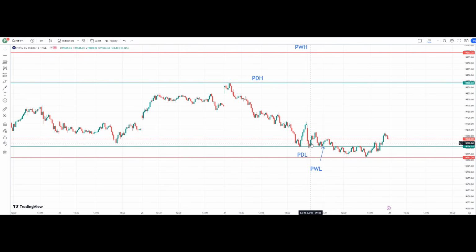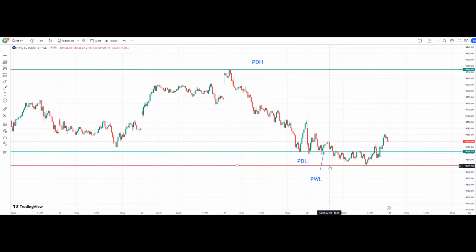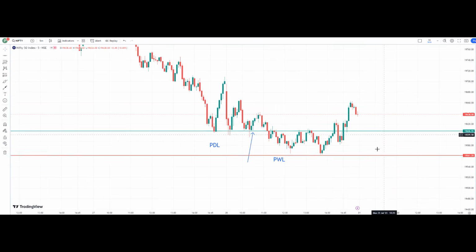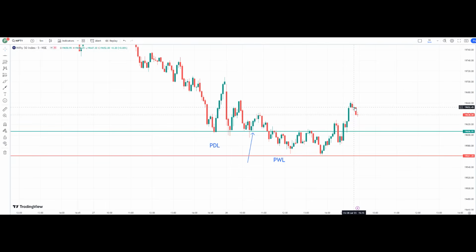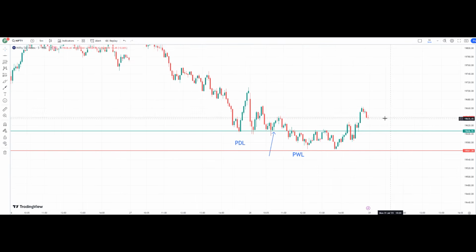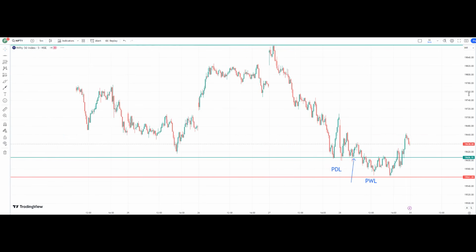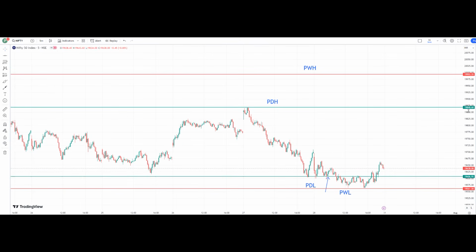When the price breaks the previous day low, that is, the price is breaking the 27th July low, we can see that the price is taking support at the previous week low. So this is called the previous week low. From there again we can see a bounce in the price and after that price moved up. Okay, so the previous day, previous week, everything will act as support and resistance in the live market.